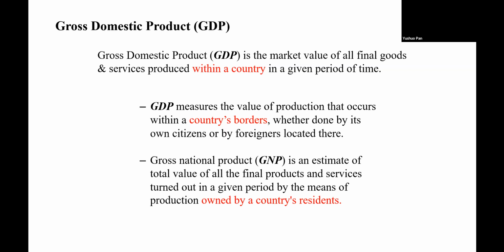My pay counts as GDP in the US, but not in China's GDP. But my pay will count as China's GNP because I'm a Chinese resident. My revenue would be GNP for China, but not for America, since I'm not American, right? So please distinguish these two definitions. Do not get confused between these two.